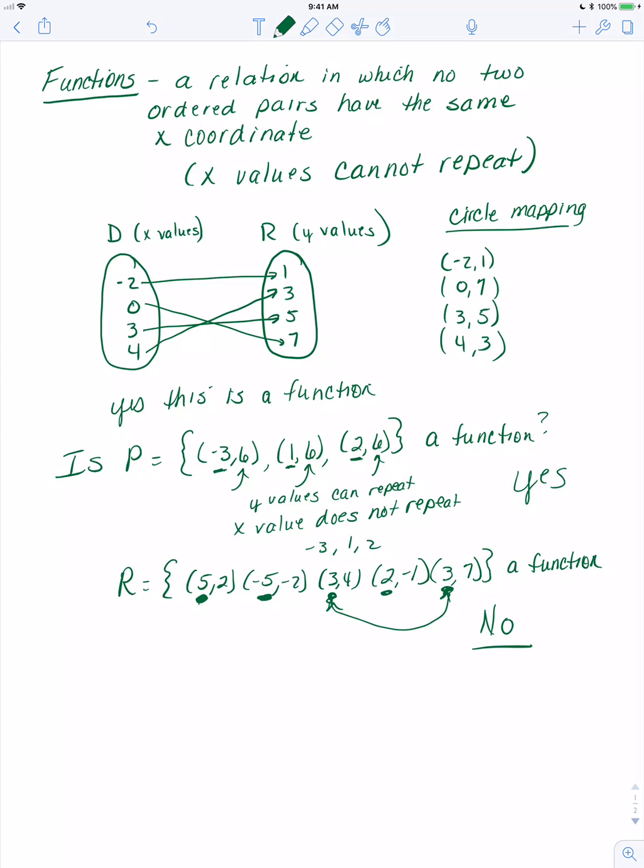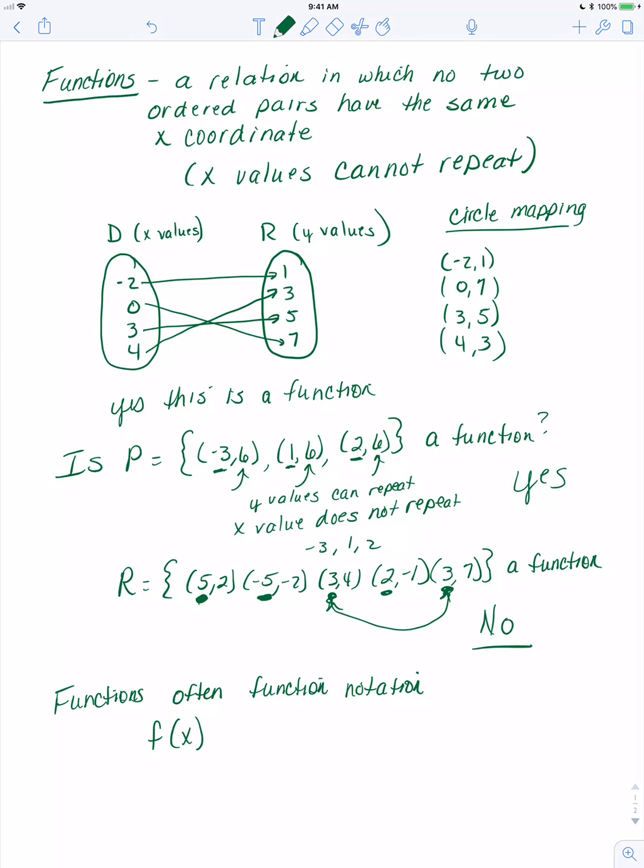Now, functions are sometimes denoted with what we call function notation. And it is written like this.